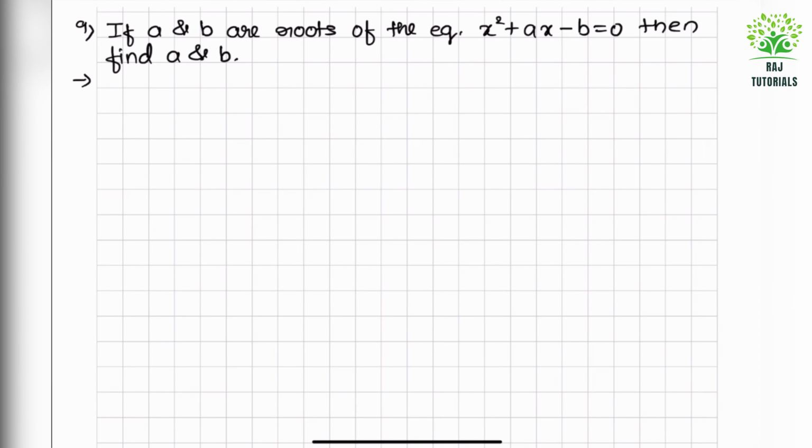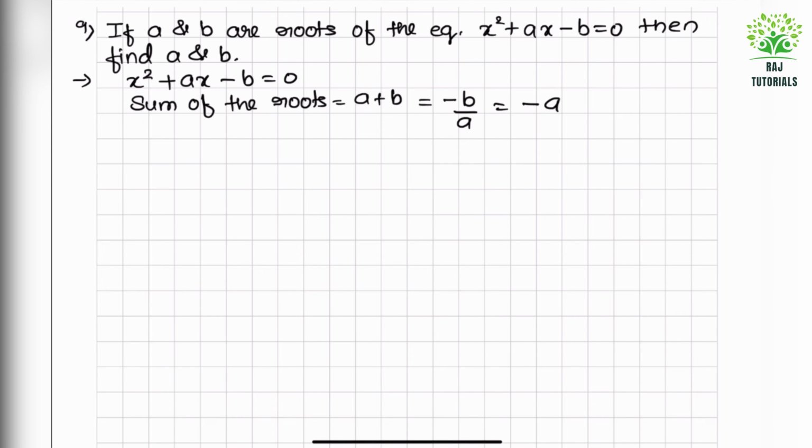Next question says, if a and b are roots of the equation x square plus ax minus b equal to 0, find a and b. So here equation given to me is x square plus ax minus b equal to 0. So sum of the roots should be equal to a plus b, which is equal to minus b by a, which is equal to minus a.